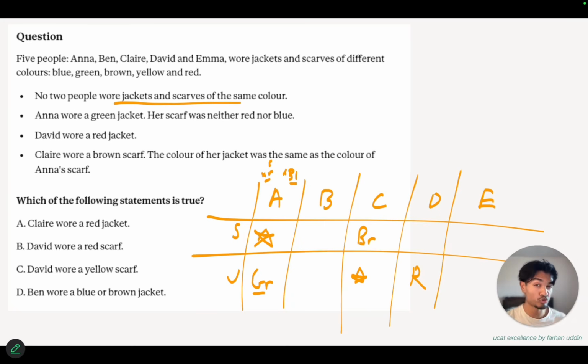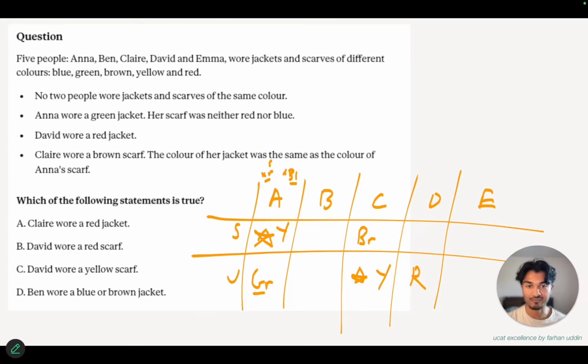And we also know it can't be brown because if this was brown, then this ends up becoming brown. And we know that the brown-brown combination can't happen. So we're actually only left with one color here, which is yellow. And this is yellow. So this is what we're left with by the end of the first run.